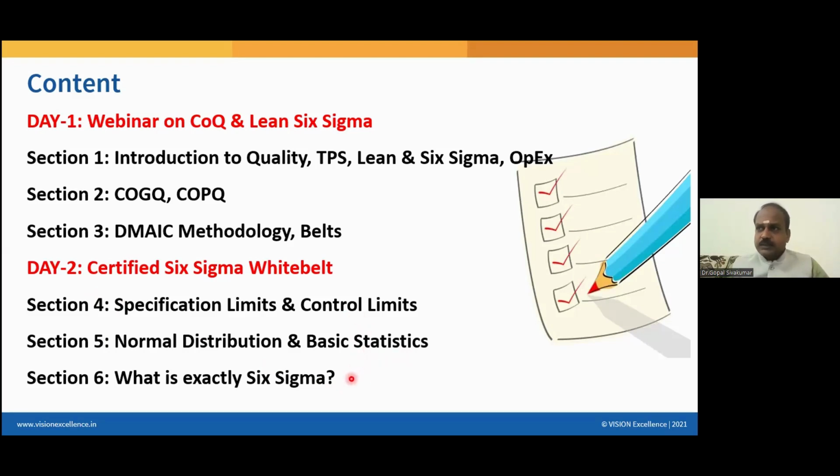Once you attend it, you will have a fantastic level of clarity on what exactly Six Sigma is, what it means to you, to your customer, and to your business. If you have a process at different Sigma levels, how they differ, all these things you will gain, very good clarity and in-depth knowledge, right at the white belt level.